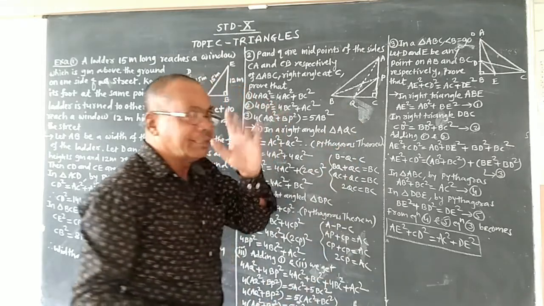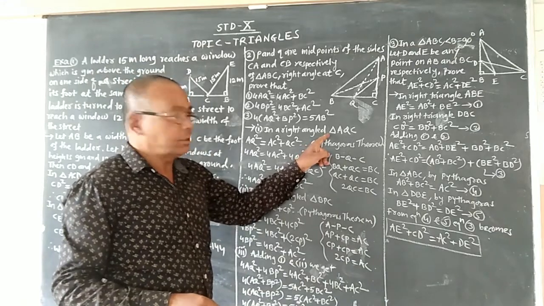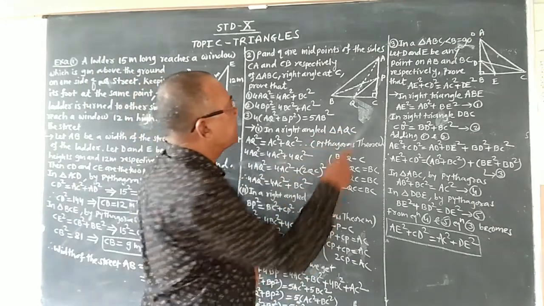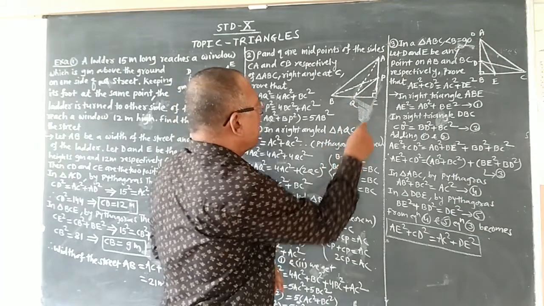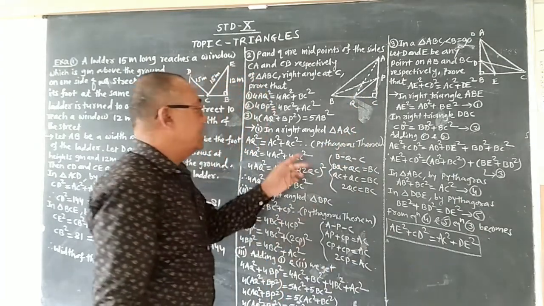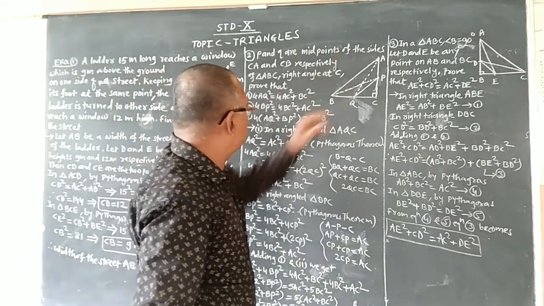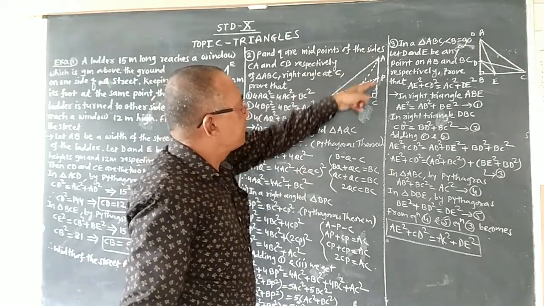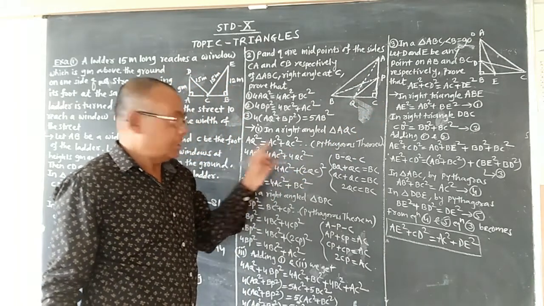So there are four triangles, but out of these we have to select the first triangle AQC. In the right angle triangle AQC, by applying Pythagoras theorem, we get AQ square is equal to AC square plus QC square.